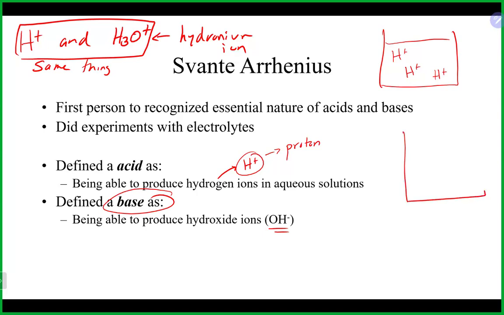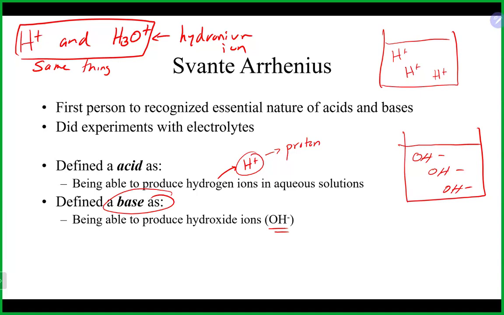Same idea here. We're talking about the ability to produce free-floating hydroxide ions in the solution, not attached to anything. As we'll talk about, the proportion of H plus to OH minus that you have floating around in that solution will help you determine whether the solution is acidic, basic, or neutral.